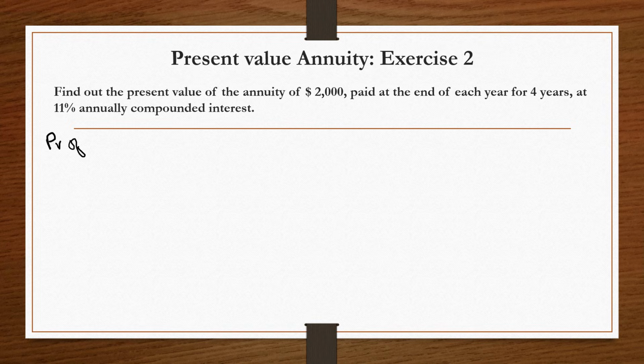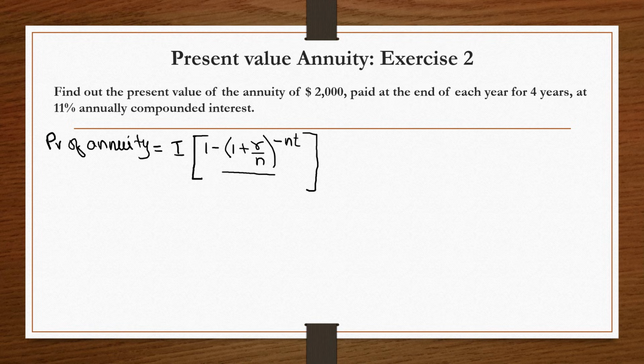Present value of annuity is equal to I, bracket 1 minus, again the small bracket, 1 plus R divided by N bracket close, power of minus NT, this bracket close, divided by R by N.